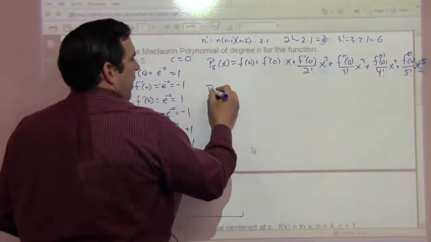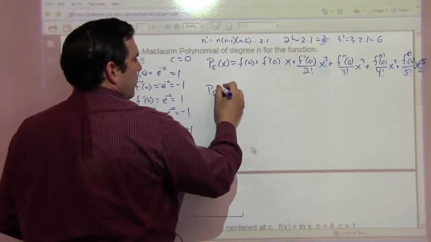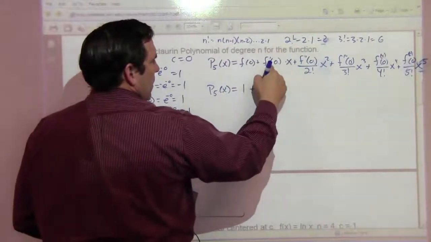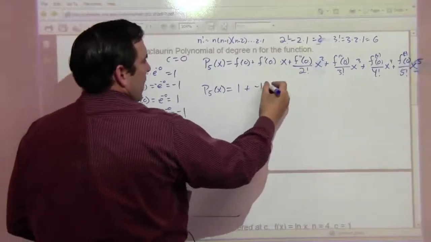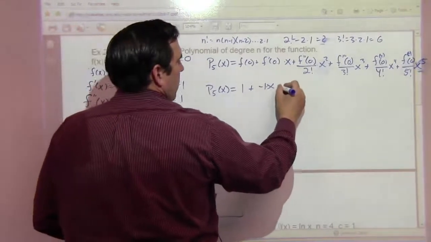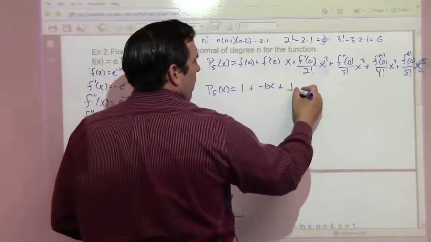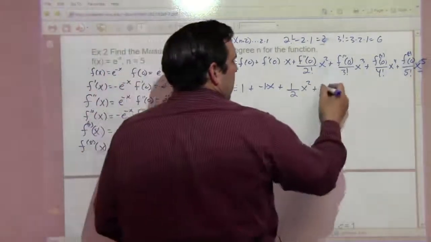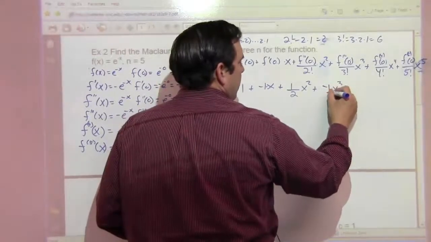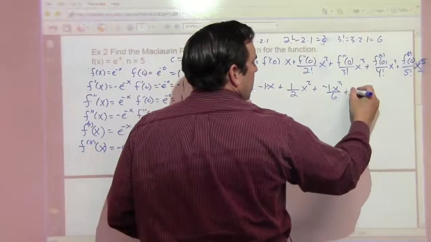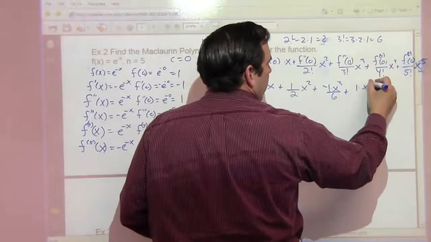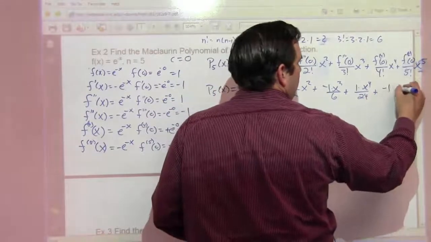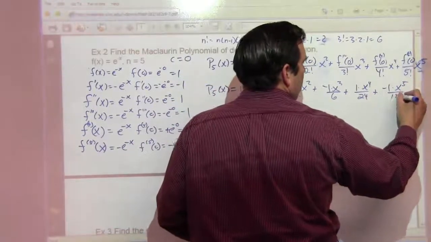So our P5 of x is going to be 1 plus, that was negative 1 times x, plus 1 over 2 times x squared, plus negative 1 times x cubed over 6, plus 1 times x to the fourth over 24, plus negative 1 times x to the fifth over 120.